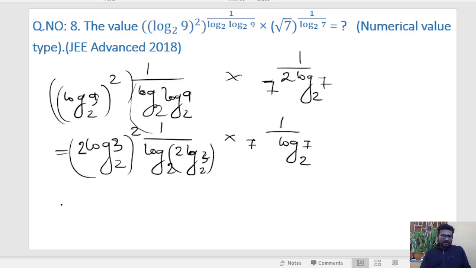Okay, we can take another value of this function.